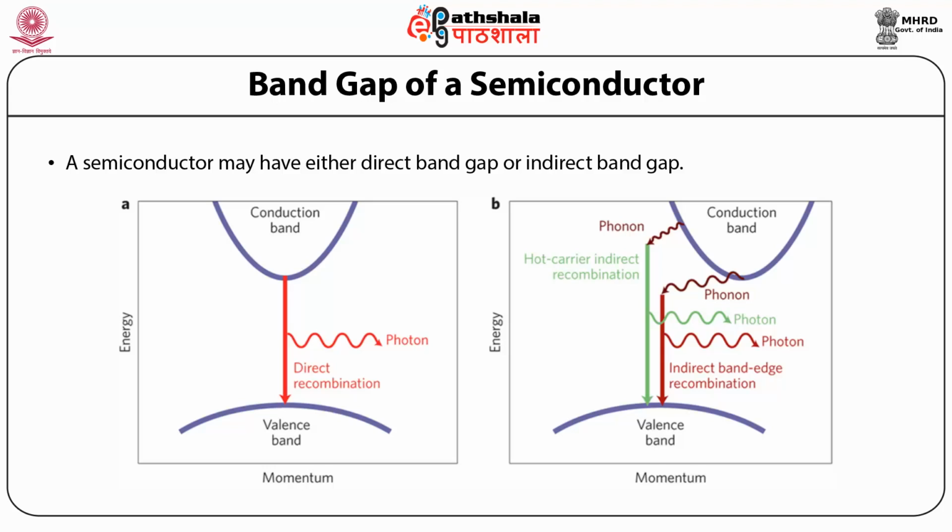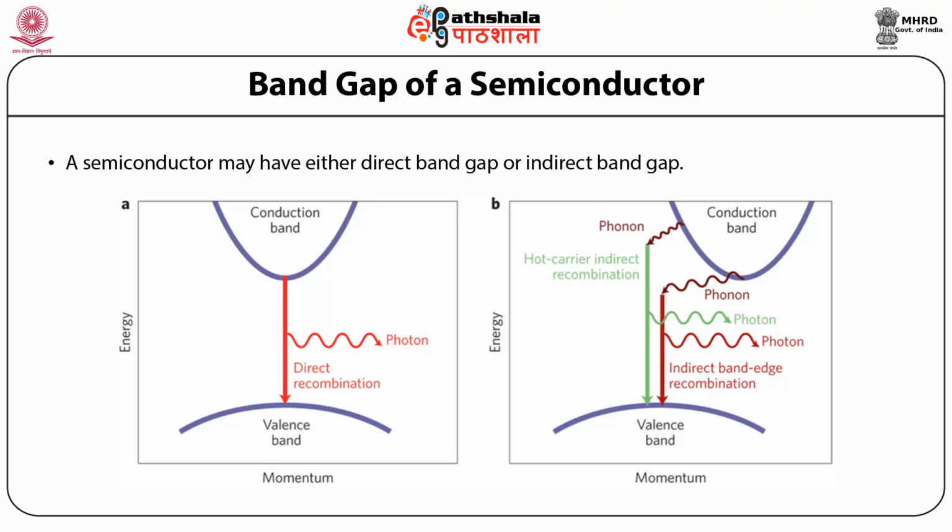The indirect process proceeds at a much slower rate, as it requires three entities to intersect in order to proceed: an electron, a photon, and a phonon. This is analogous to a chemical reaction, where in a particular reaction step, a reaction between two molecules will proceed at a much greater rate than a process which involves three molecules.